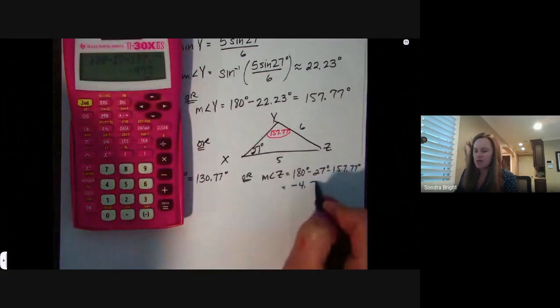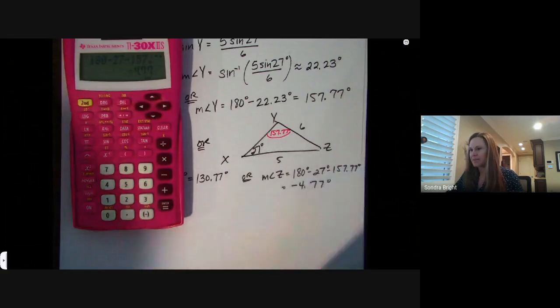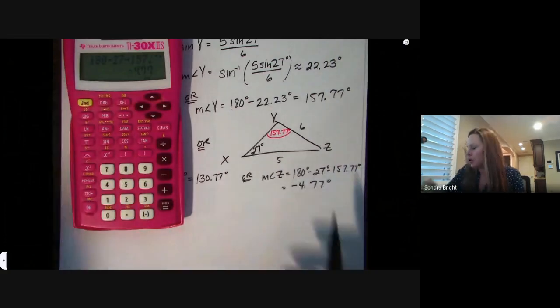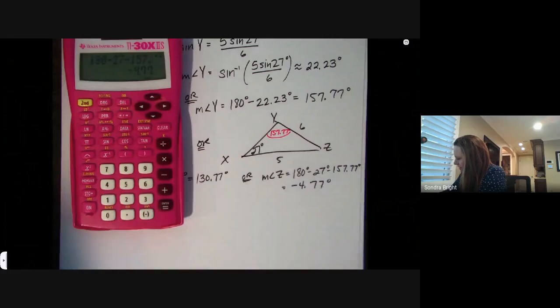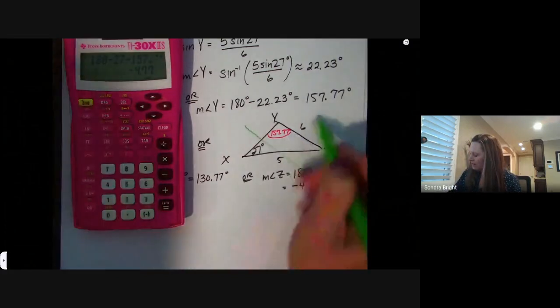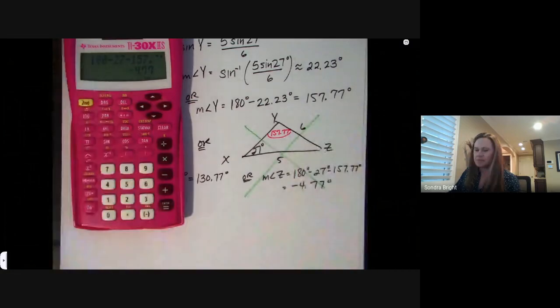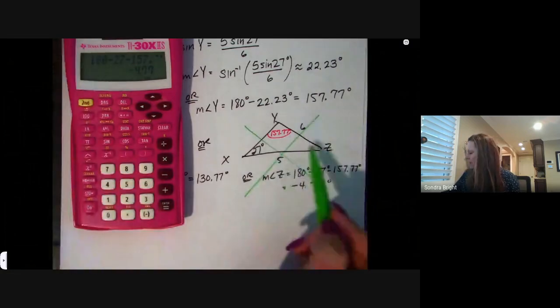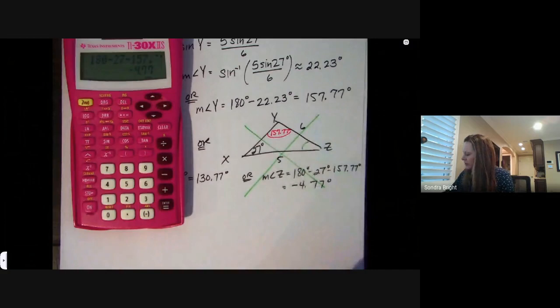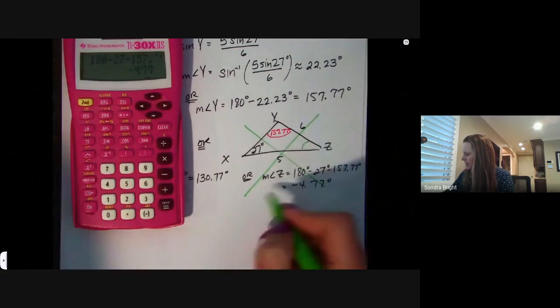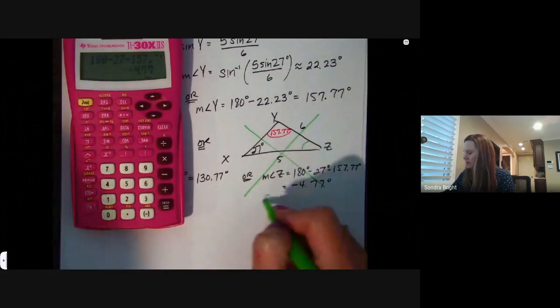That doesn't make sense when we're talking about an angle. So what does that mean for us? That means, nope, there is not a second triangle. There's no way you can have a second triangle and have this angle z be a negative angle. Not going to happen. So this second triangle is not possible.